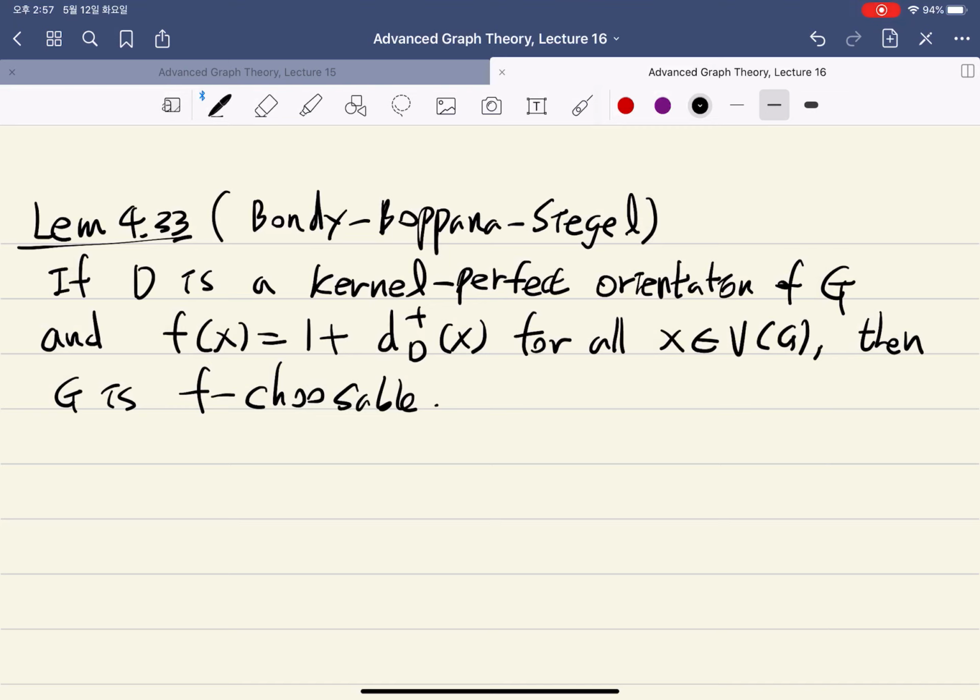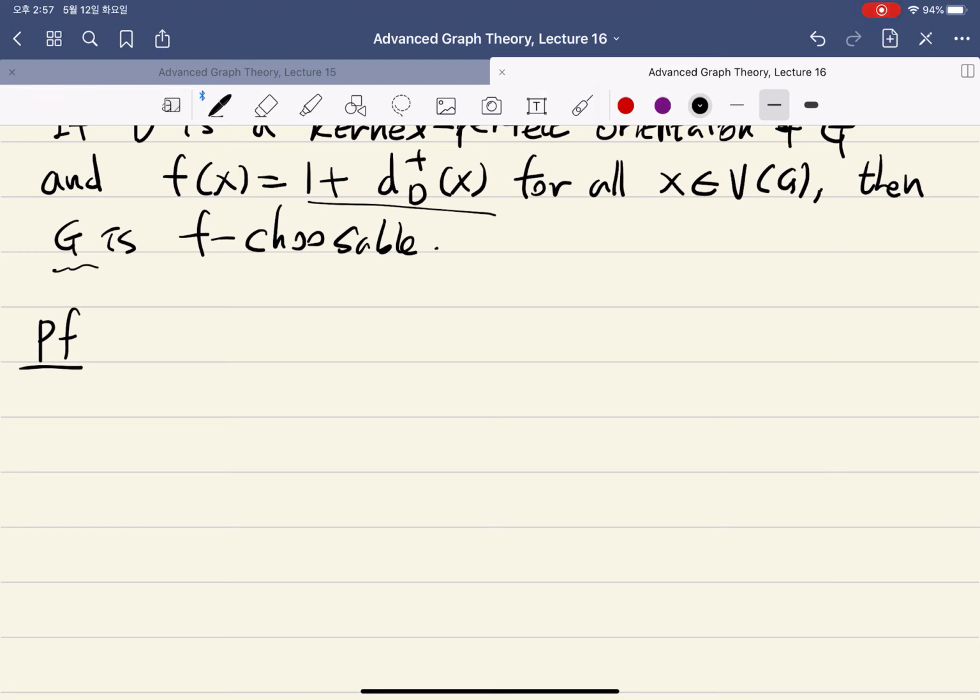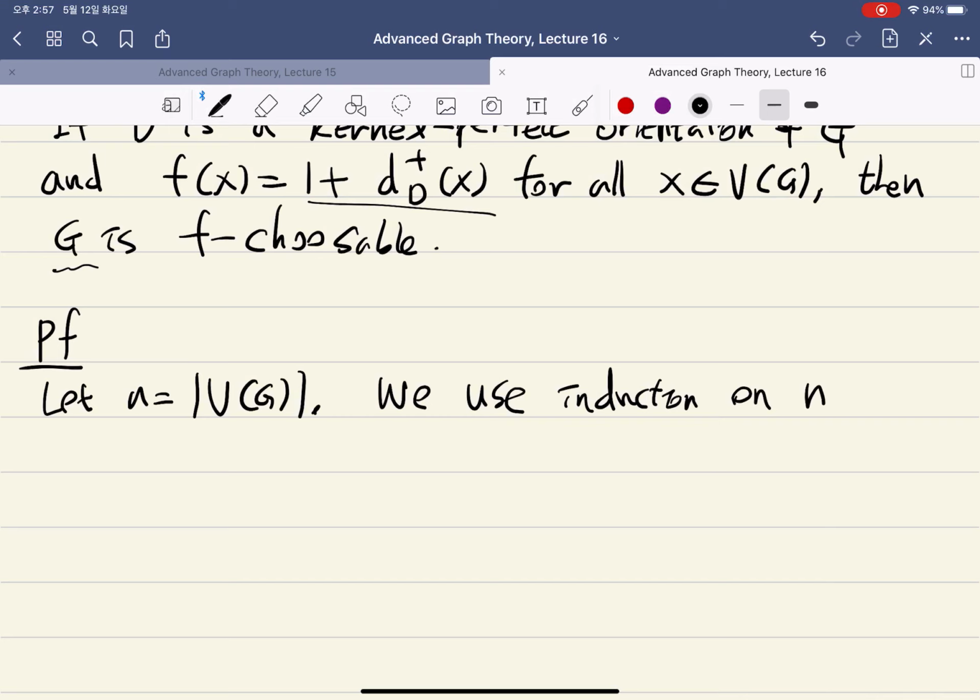So now we want to prove this lemma. This lemma says that for a given kernel perfect orientation, we can find the coloring of G from its lists, as long as the list has size at least out degree plus 1 at every vertex. So let n be the number of vertices. What we want to do is use induction on n.